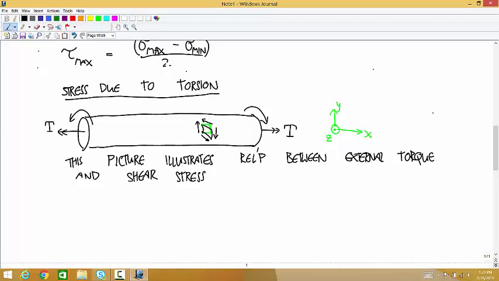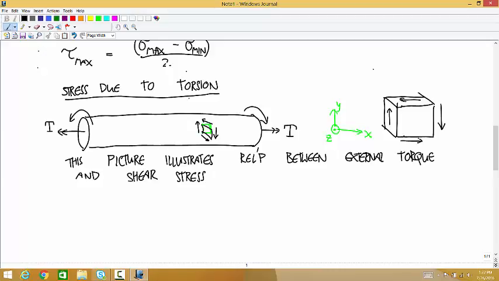So think about this as a stress element. I usually draw it tilted the other way, but if this is your stress element, you have that, and that.